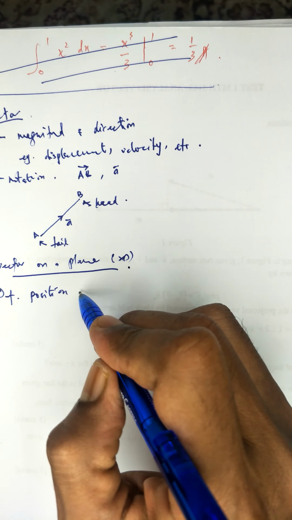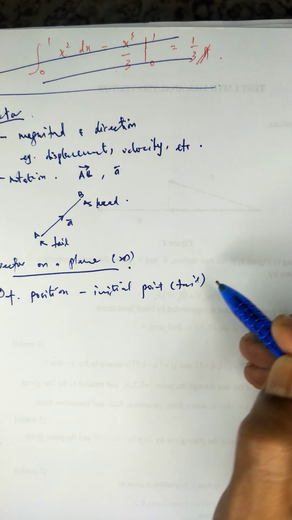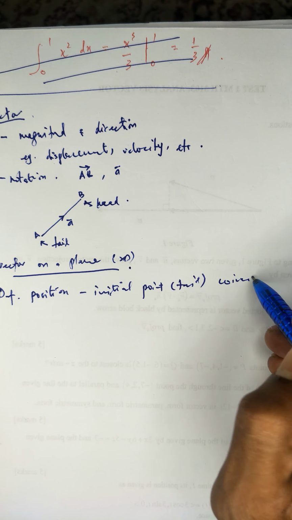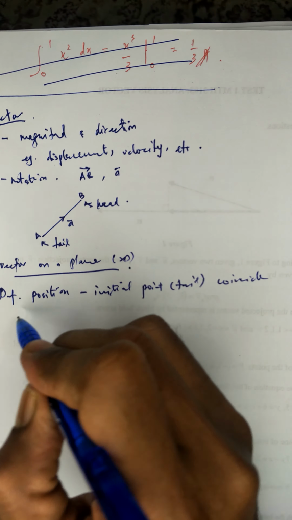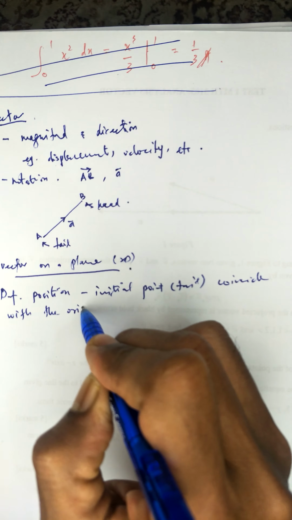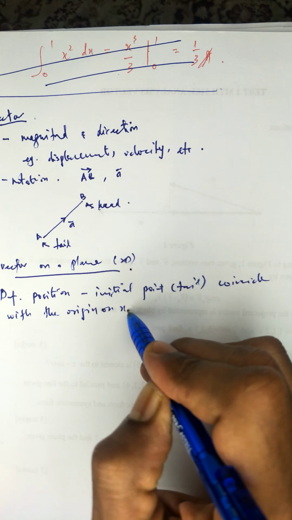A position vector is a vector whose initial point, or tail, coincides with the origin on the XY plane.